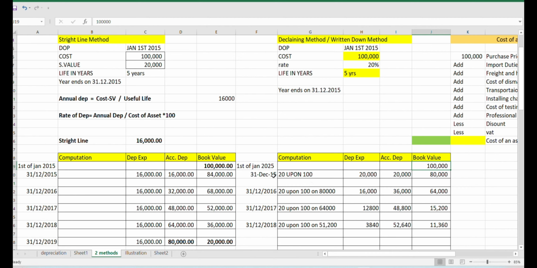In the first year, it is 20,000. In the second year, the depreciation is charged on 80,000. In the third year, depreciation is charged on 64,000. So you understood now how the declining method works and how the straight line method works. These are two very famous methods of calculating the depreciation.